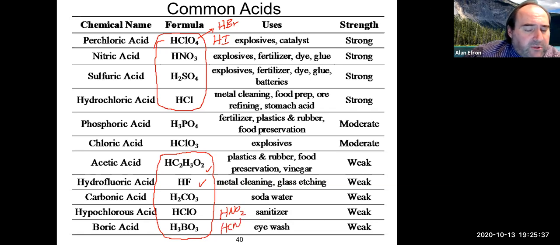So strong acids are strong electrolytes. If you have any of these strong acids, they will 100% break apart into ions. Weak acids are considered weak electrolytes. So if you come across a reaction that involves HF, for example, and you get to the total ionic equation part of it, you would actually keep the HF together, because again, it's a weak electrolyte.